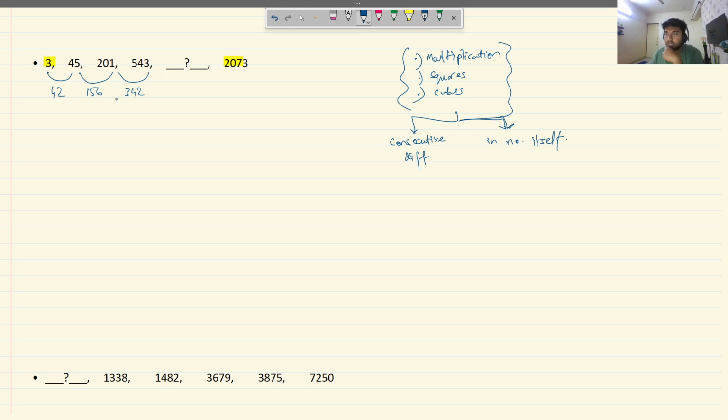So let's check the perfect squares near to them. The perfect square near to 42 is 36. The perfect square close to 156 is 144, and the perfect square close to 342 is 324.